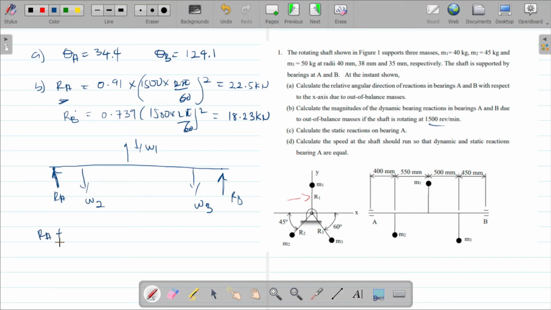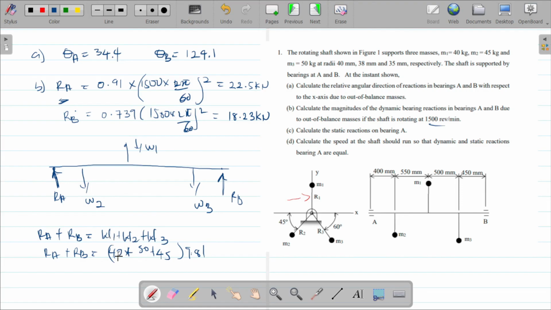Right. So RA plus RB should be equal to weight 1 plus weight 2 plus weight 3. So RA plus RB should be equal to 40 plus 50 plus 45, all multiplied by 9.81.